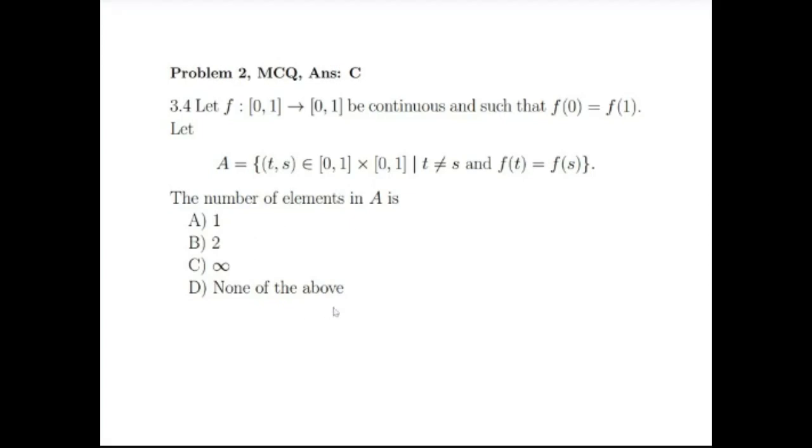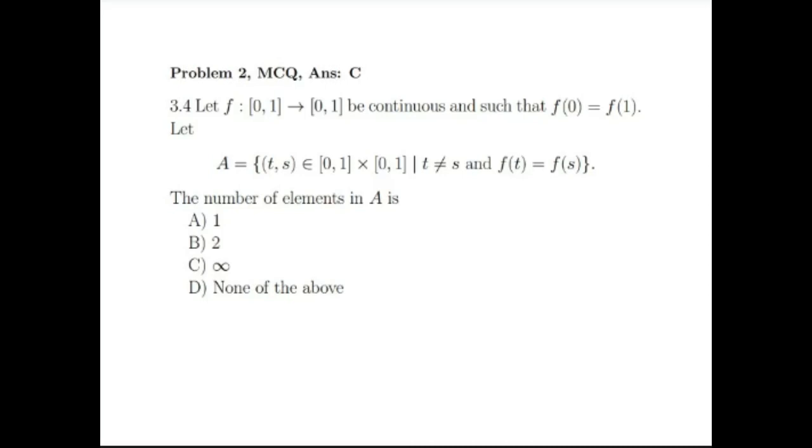So, what is the correct option? It basically says that f maps the domain [0,1] to the codomain [0,1], the function f is continuous, and f(0) and f(1) are the same. So A is the set of all those points in the interval for which the functional value is the same.